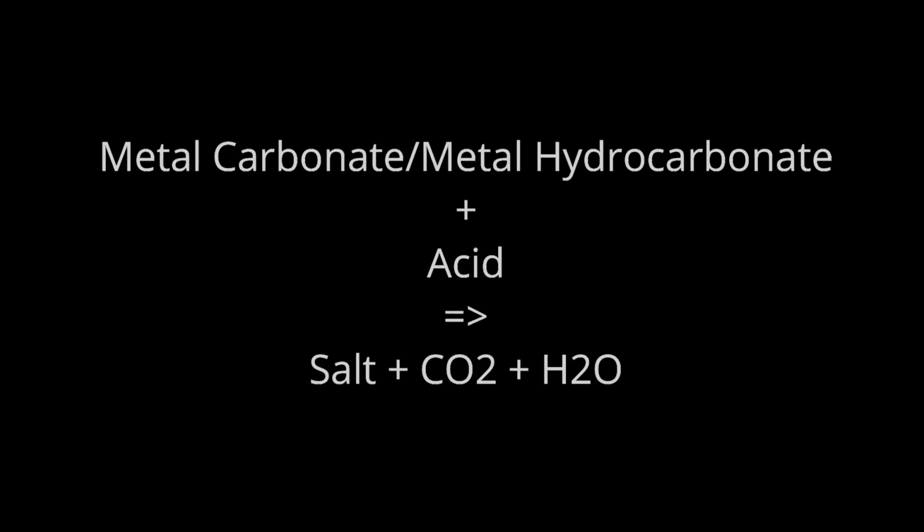So what you observe here in case of an acid reacting with a metal carbonate or a metal hydrogen carbonate is that it gives you the corresponding salt, carbon dioxide and water.